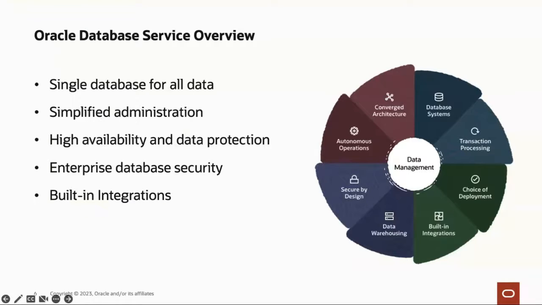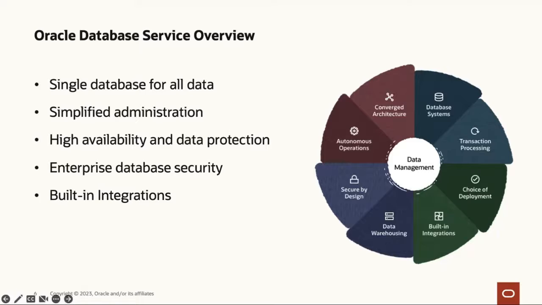One of the goals for this specific database service is that it wants you to have as few databases as possible, ideally 1 database for all your data. We'll see later that there are a lot of different connectors built in that will even connect to third-party databases. But the main idea is to not just have your data stuck anywhere.